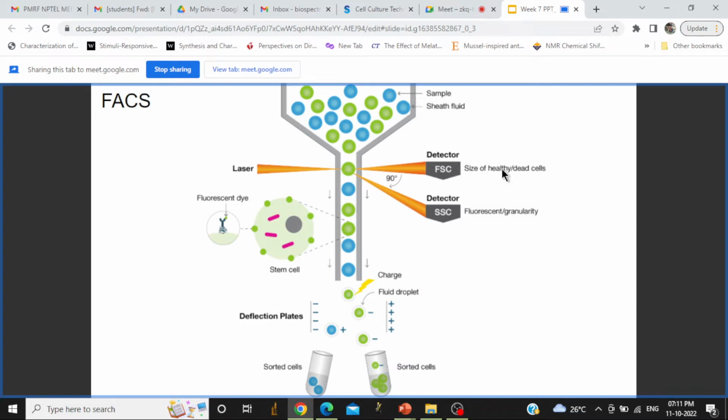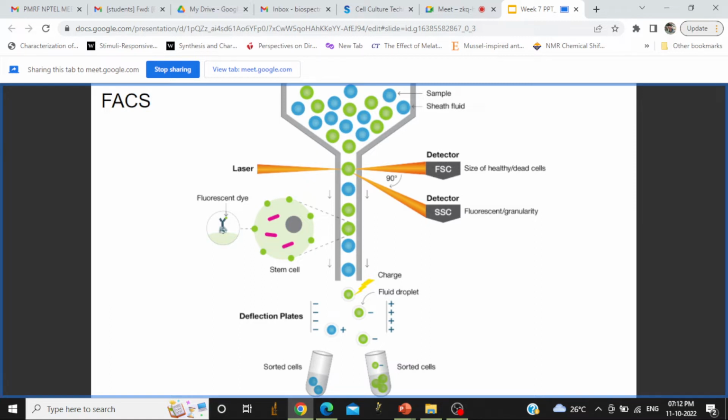So on the basis of size you can detect cells, but another detector detects the cells on the basis of fluorescent labeling. You know that every cell has some particular type of markers, particular antigens that are specifically present in some type of cell, like T cell and B cell. So there are specific markers.